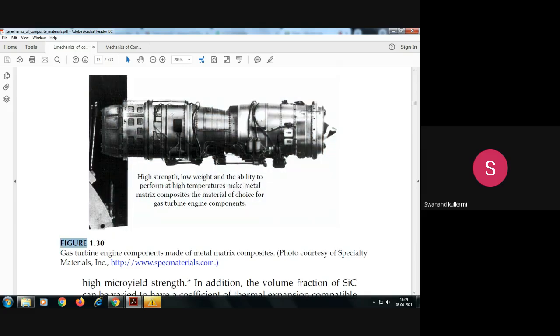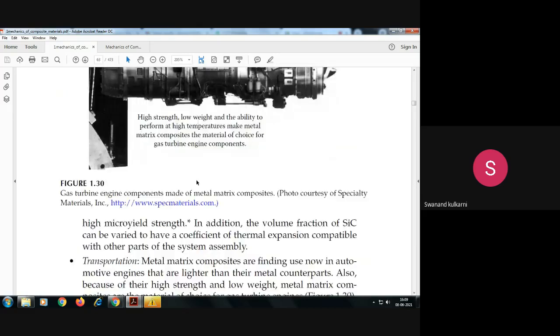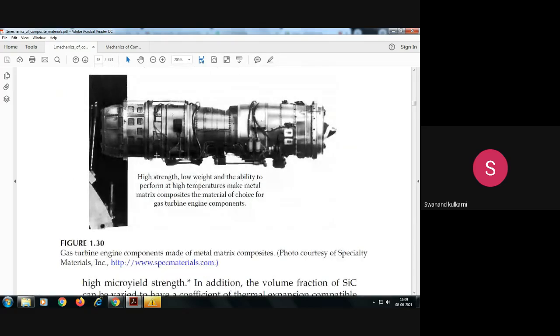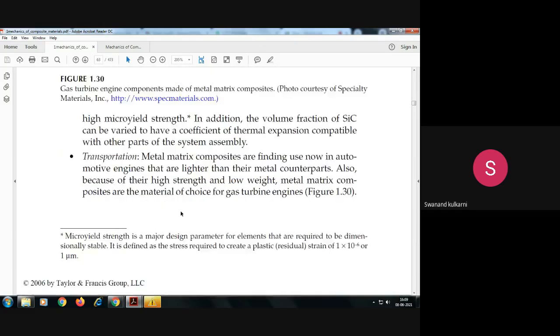But in case of metal matrix composites, high strength, low weight, and ability to perform at high temperature make metal matrix composite materials the choice for gas turbine engine components.